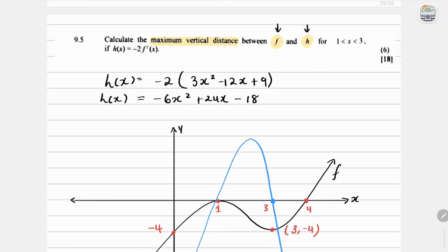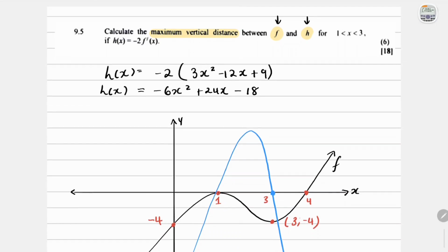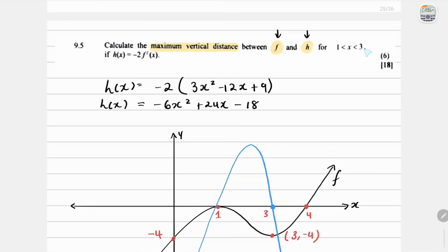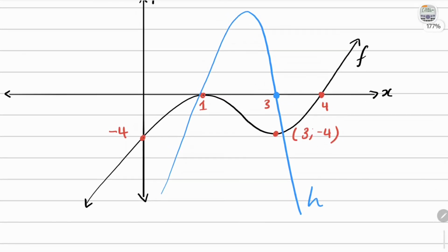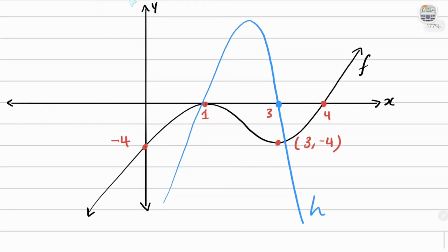And they want us to find the maximum vertical distance. So we want to find the distance between this, where x is greater than 1 but less than 3. Interesting point. Let's just see what happens here. Do you see that at these points, the graph of h has higher or greater y values than the graph of f? So you can say h of x minus f of x, since it has the higher y value.